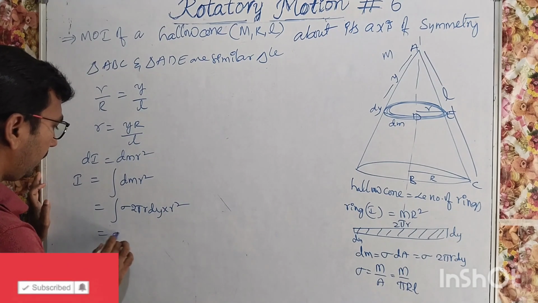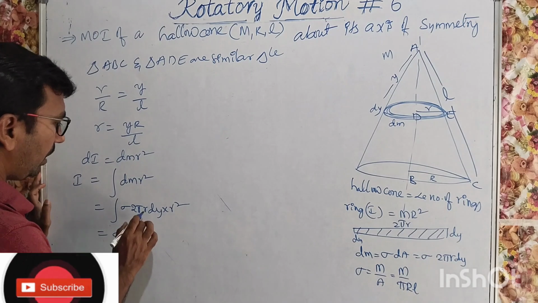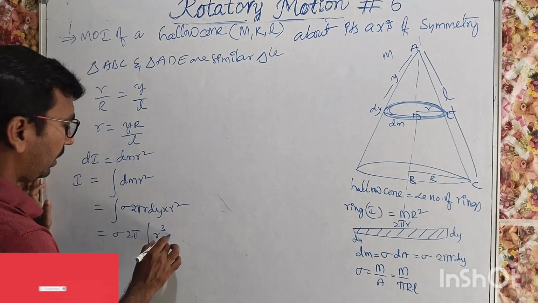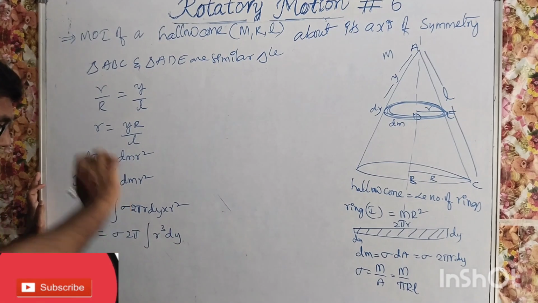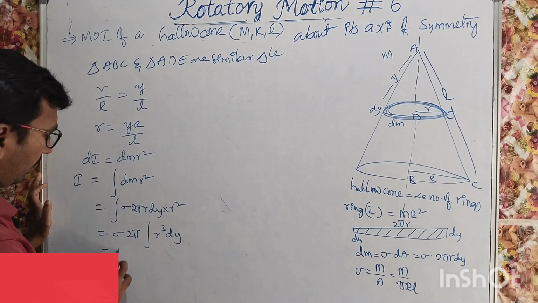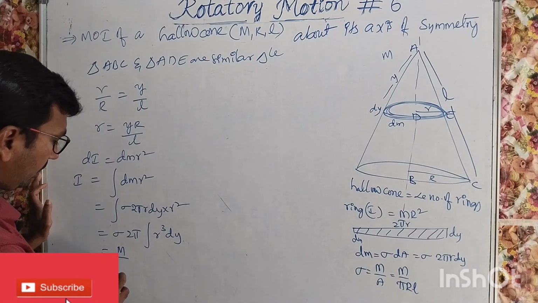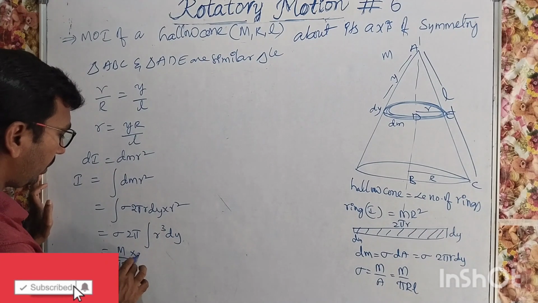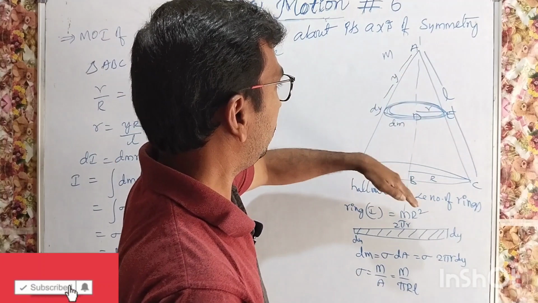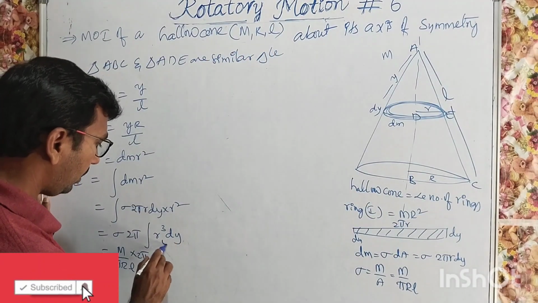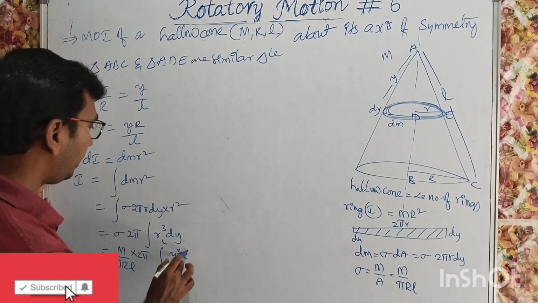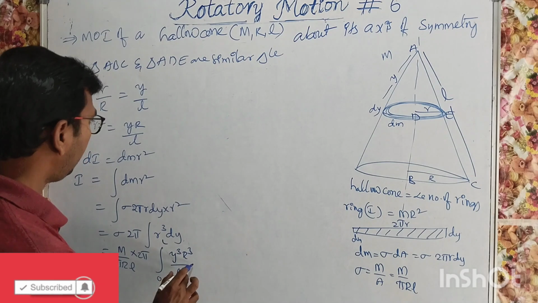So sigma 2 pi is common, and integration of r cube dy. Substitute the values: sigma is M by pi R L, into 2 pi. Integration with limits from 0 to L. Substitute the r value: y to the power of 3, R to the power of 3 by L to the power of 3, dy.